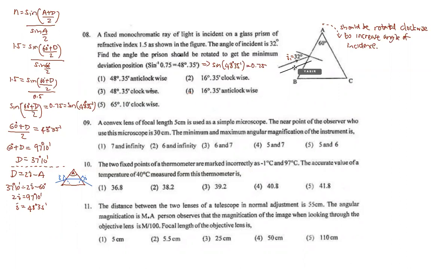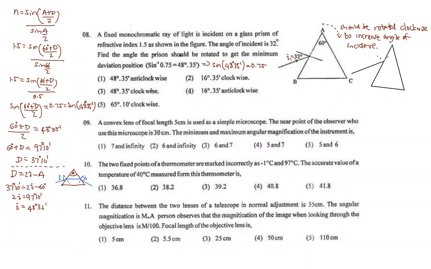Then I'll lift it and put it here. Parallel ray. And to get a larger angle, your prism must be rotated like this. Then only the angle will improve. The prism doesn't look in the best of shapes, but you get the point, right?